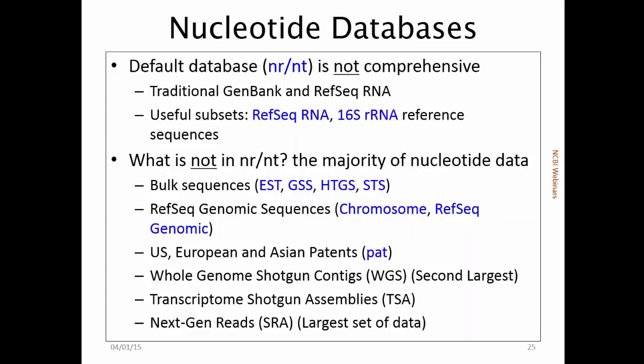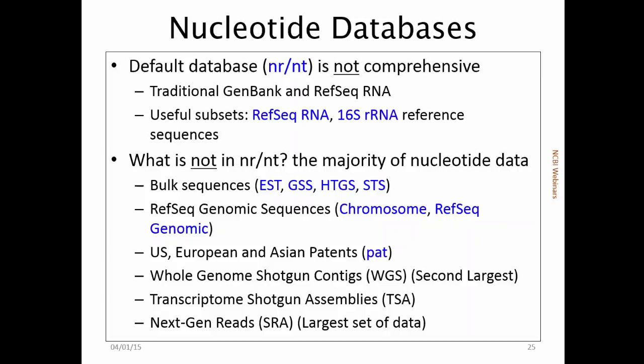You can also search some of these things separately. You can search the RefSeq RNA, and you can search the 16S RNA reference sequences as separate databases. Those are both useful sets. And in fact, we'll do a search against the 16S rRNA sequences later on using BLAST.